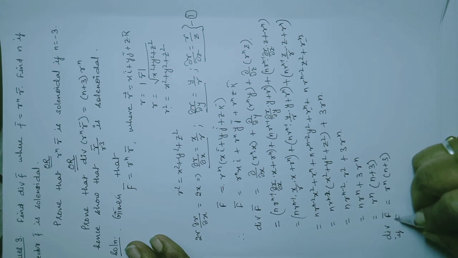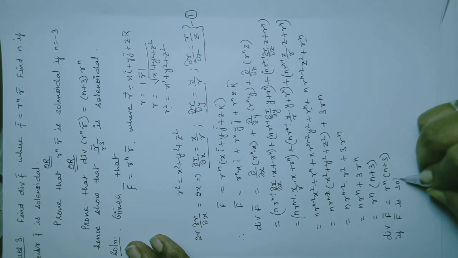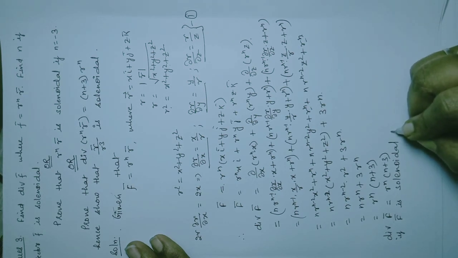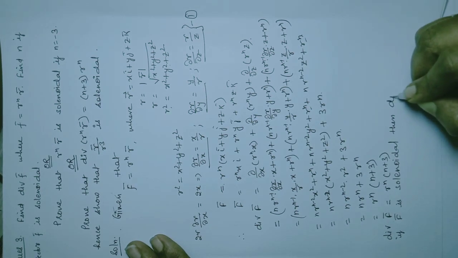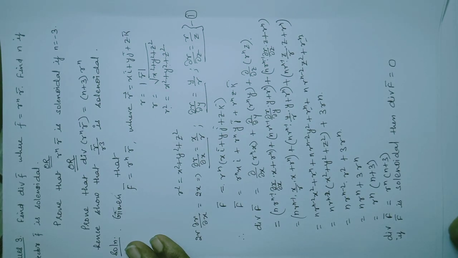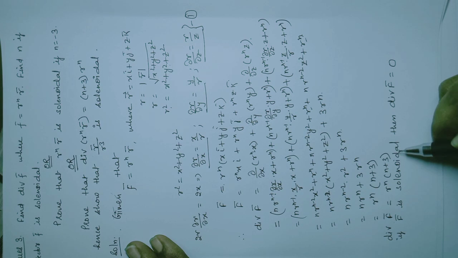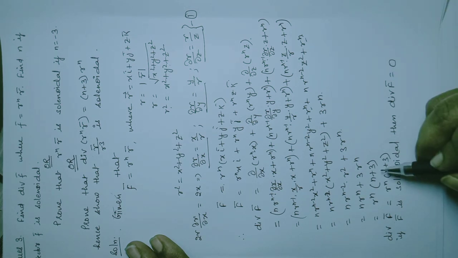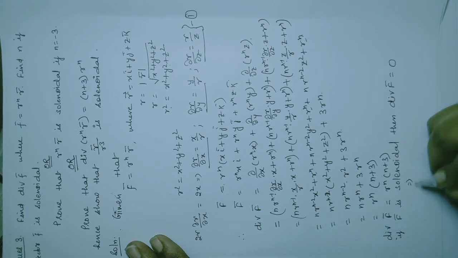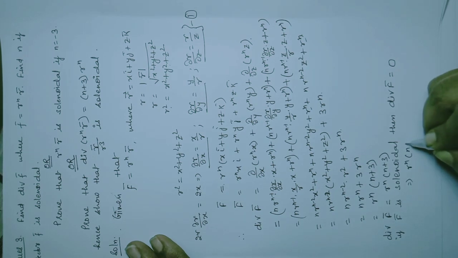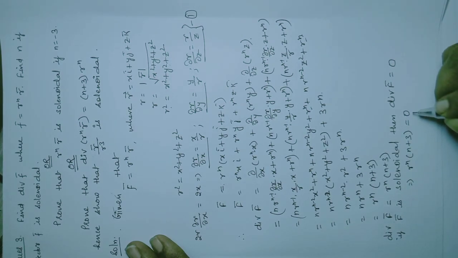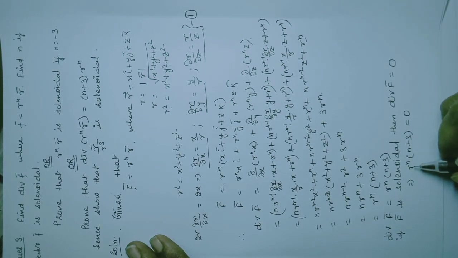Now if f is solenoidal, then what you have, divergence of this vector will be equal to 0, right? A solenoidal vector means its divergence is 0. So if the divergence is 0, which implies this value of divergence is equal to 0.